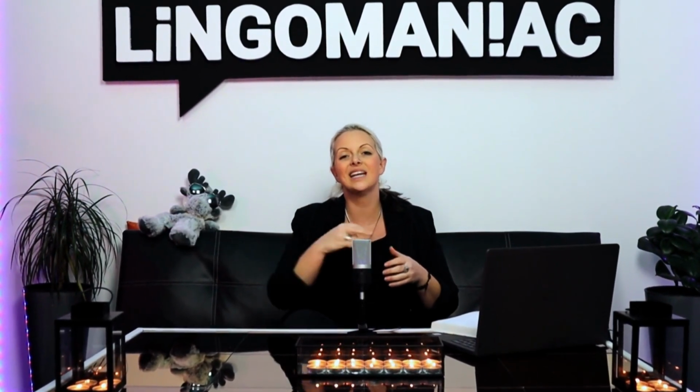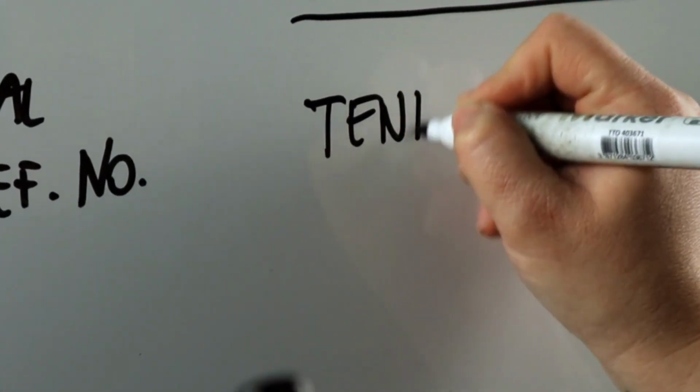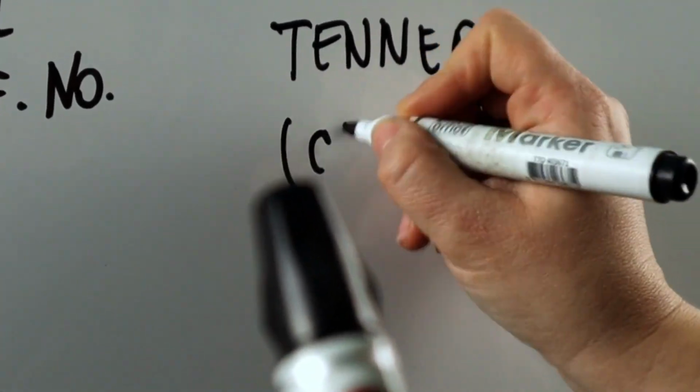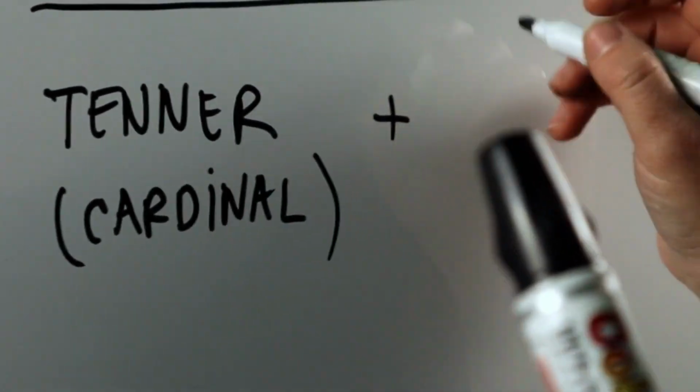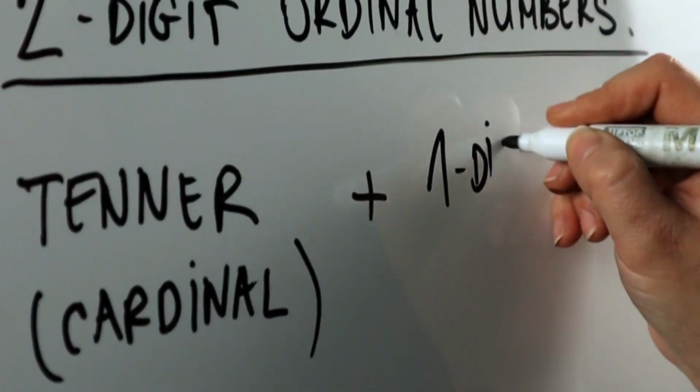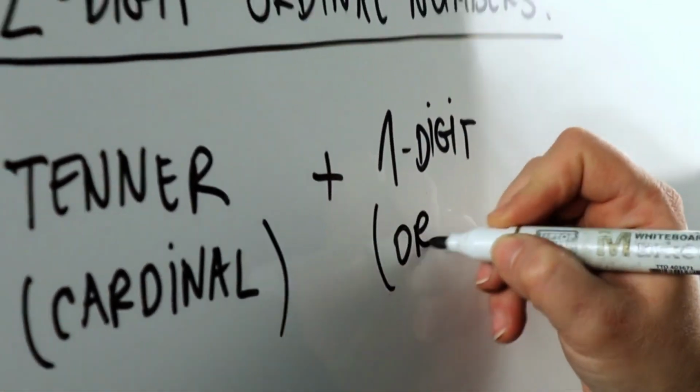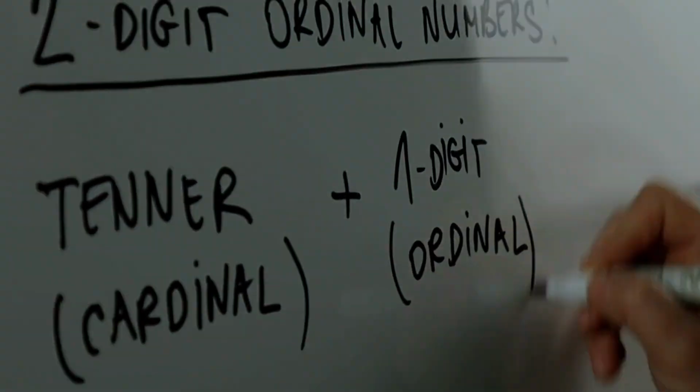So at the beginning of every decade of ordinal numbers, you will have, for example, 21st, 22nd, 23rd, and so on, again with the regularity with the th. Also note that when we are making those two-digit ordinal numbers, the tens are always cardinal numbers.